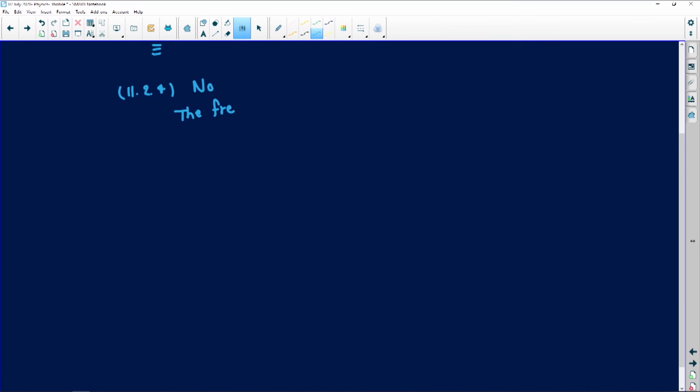But in this case, I think I have 2 ways to write it. So I can say, no, the threshold frequency, let me skip steps. We have the threshold frequency. Remember, threshold is the minimum energy required for radiation.